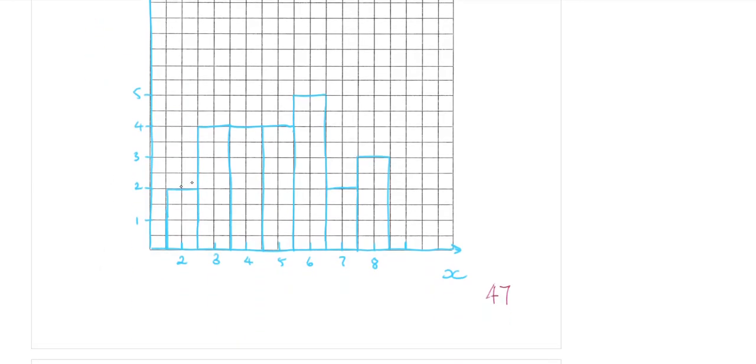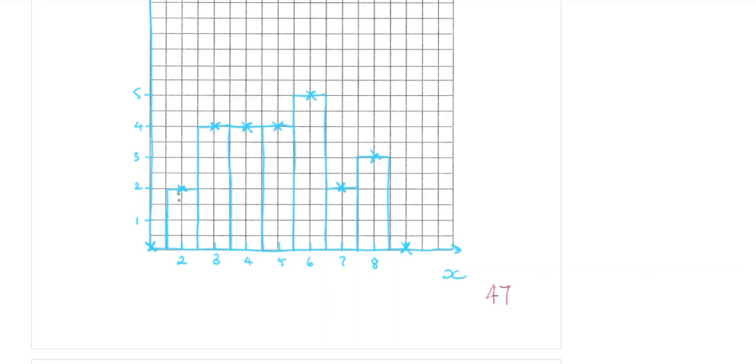So you start by putting crosses or dots in the top center of each one of your columns. You also need a dot at the start, and that's why I have the extra space at the end, because it needs to come back down and finish on the x-axis as well.